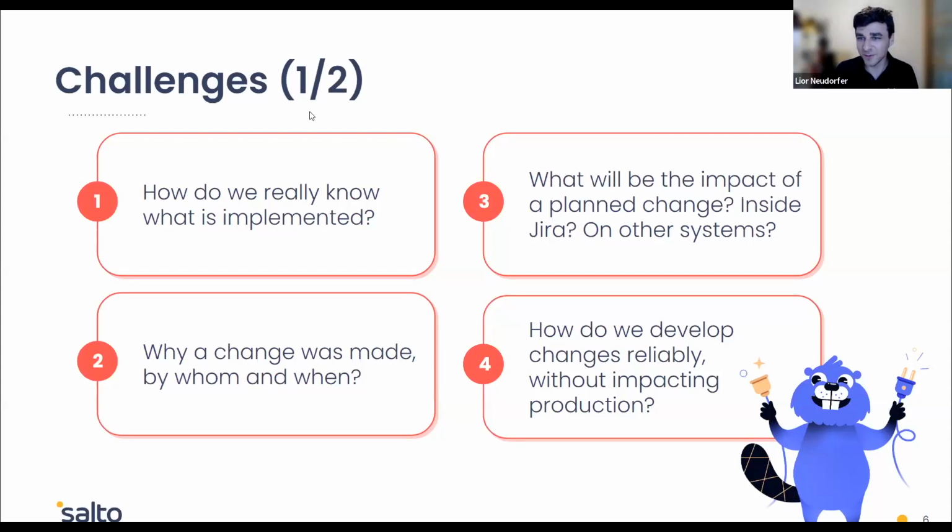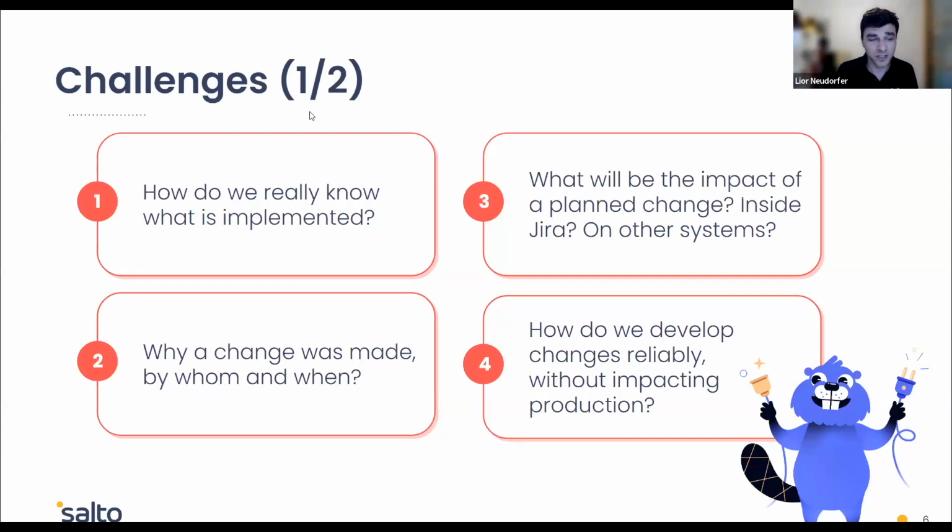How do you get a good full picture of the implementation? If you look at Jira changes, how do you know for a specific change? Let's say you see a custom field. Who added it? Why was it added? How is it used? When was it added? This is a question which you don't have a very good way to answer.